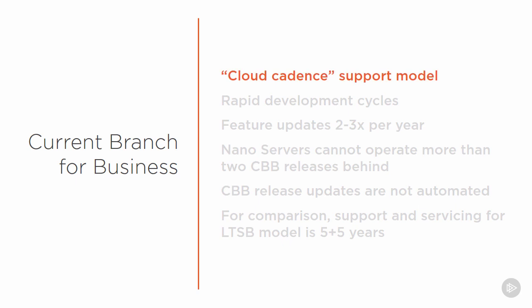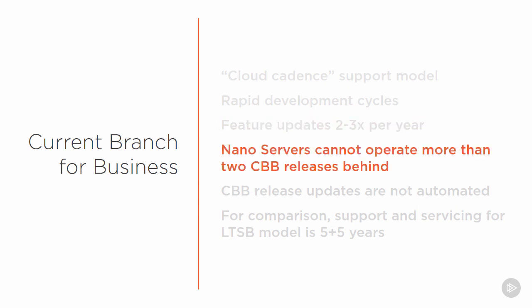Microsoft calls this its cloud cadence support model, which really refers to the fact that they're doing very rapid development here on Nano Server itself. If you do implement Nano servers, you are then also required to keep those Nano server instances patched, and Microsoft plans on releasing feature updates roughly 2 to 3 times per year. When you do have those Nano servers, you need to make sure that they're at that current branch for business.